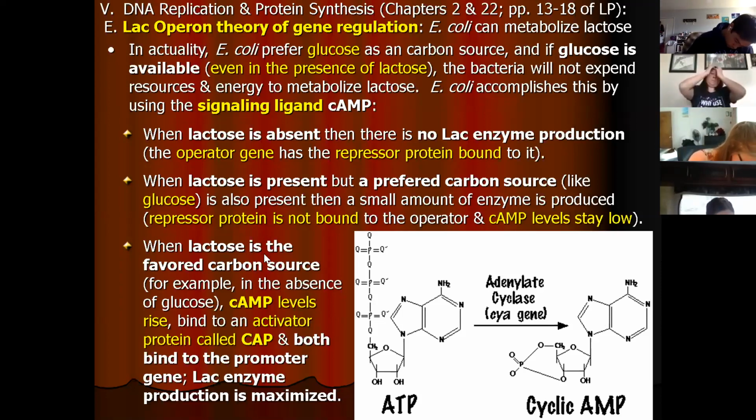And in the E. coli, it's saying, let's try to use glucose if we can. Oh, there's no glucose, only lactose. Okay, well then, let's raise the signaling molecules to say we better maximize lactose. All right?